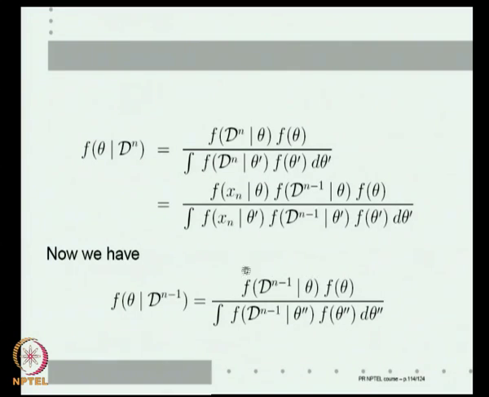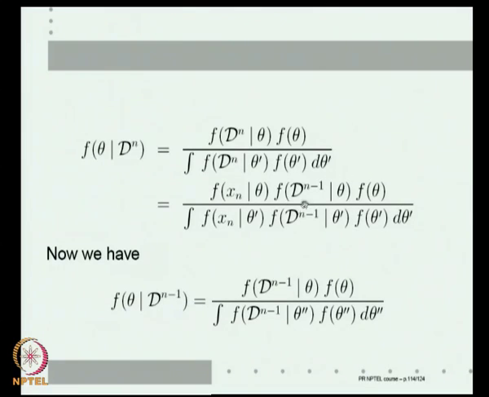Now, this denominator is some term that does not involve theta at all, because the thetas are all integrated out. So, as far as this is concerned, it is like a constant. So, let us say in the second equation here, I divide both the numerator and denominator by integral f of D n minus 1 given theta double prime, f theta double prime, d theta double prime.